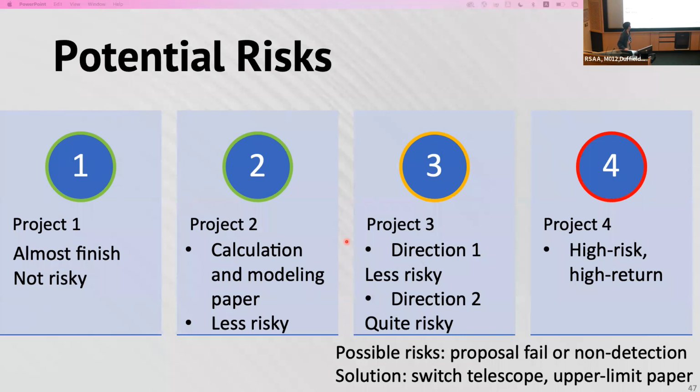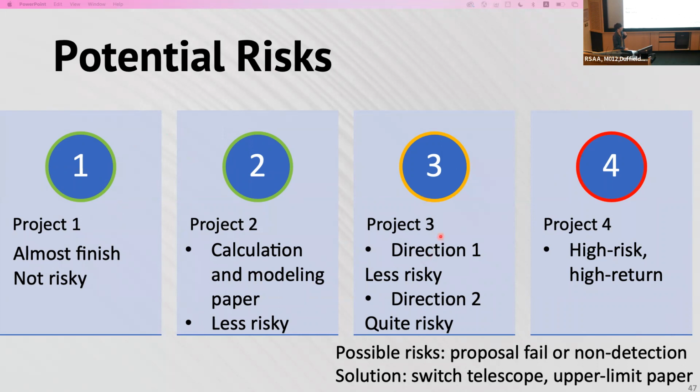So here come some of the potential risks in my projects. I would say project 1 and project 2 are less risky, because project 1 is almost finished, I just submitted, and project 2 is about calculation and modeling. For project 3, I have 2 directions.